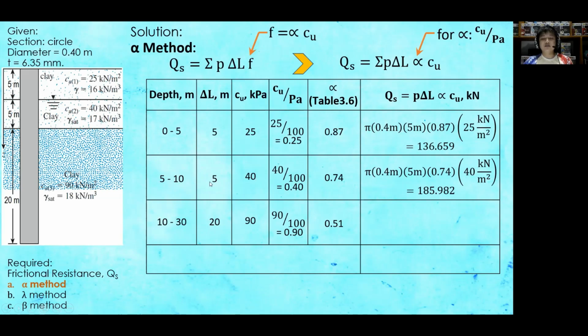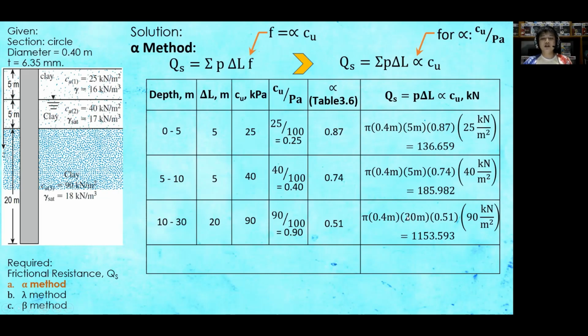So for segment 5 to 10, QS is equal to perimeter pi times 0.4 meter times the segment length, which is 5 meters, multiplied by the alpha, which is 0.74, times CU of 40 kilonewtons per square meter. The value of the component QS is 185.982 kilonewtons. And for the last segment, from 10 to 30, QS is equal to pi times 0.4 for P times the segment length, which is 20 meters, times the value of alpha, 0.51, then times the value of CU, which is 90 kilonewtons per square meter.